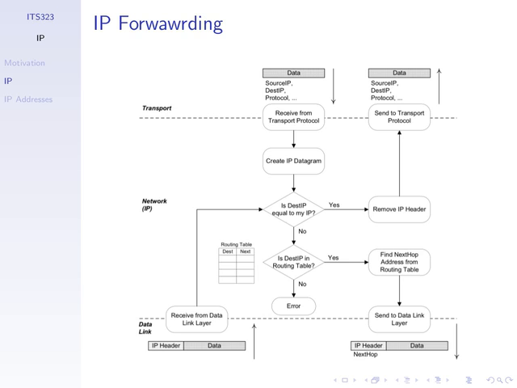R1 receives this datagram from the data link layer. So we use this diagram to see what router R1 does. This block is when we receive data from the transport layer. This block is when we receive it from the data link layer, that is, we've received it on our link. We've got the datagram.